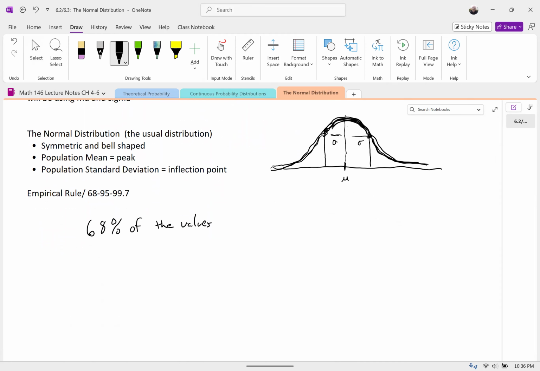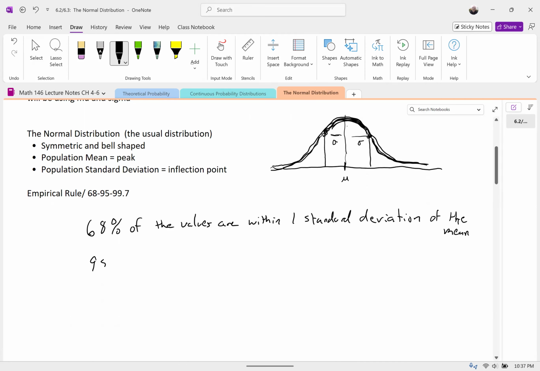The measurements are within one standard deviation of the mean. So if you go over an interval to the left and over an interval to the right from that center, from that mean, you will capture about 68% of the population.